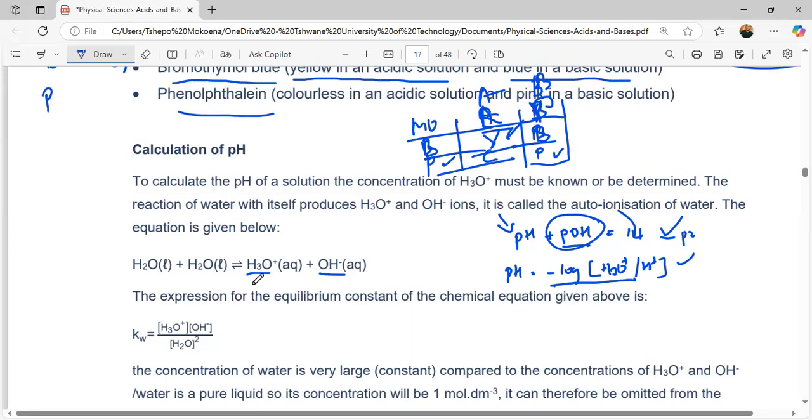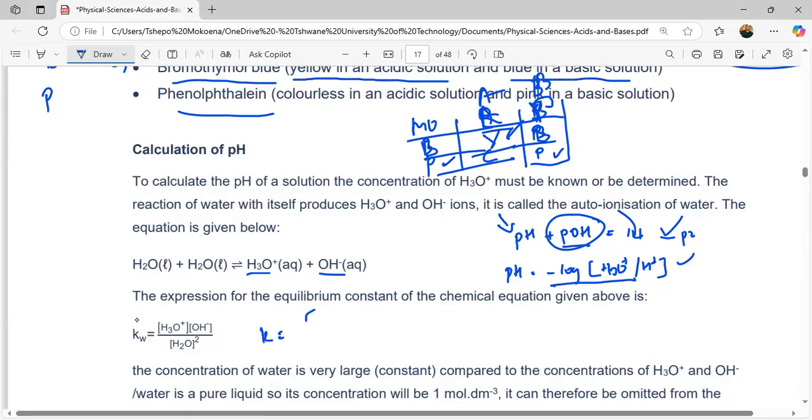So when we want to calculate the equilibrium constant, which is called Kw, the ionization constant. To calculate it, you almost know how to calculate Kc, but this is Kw.